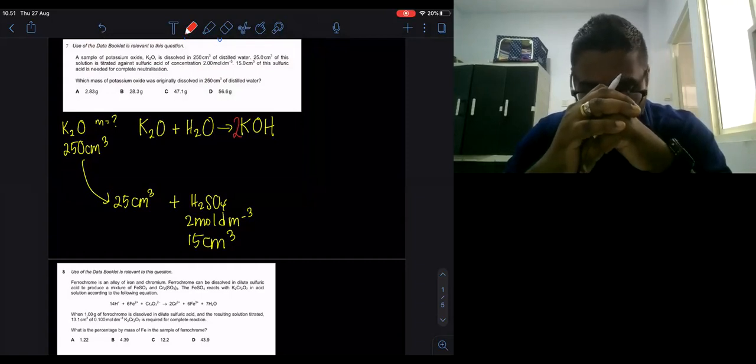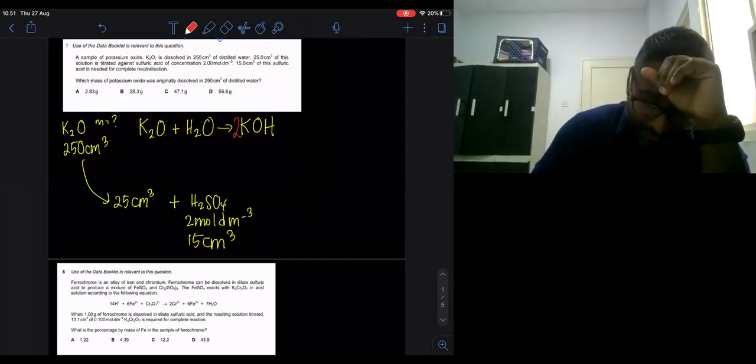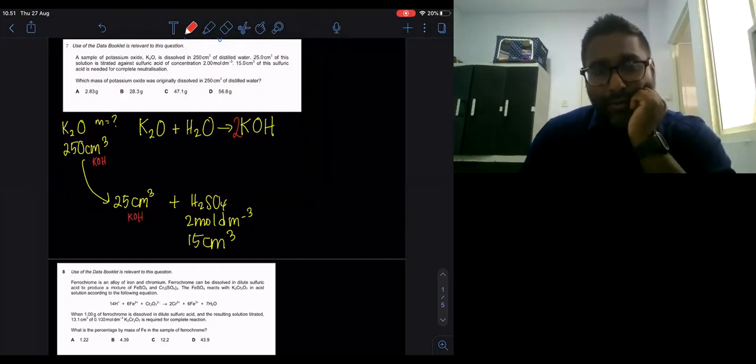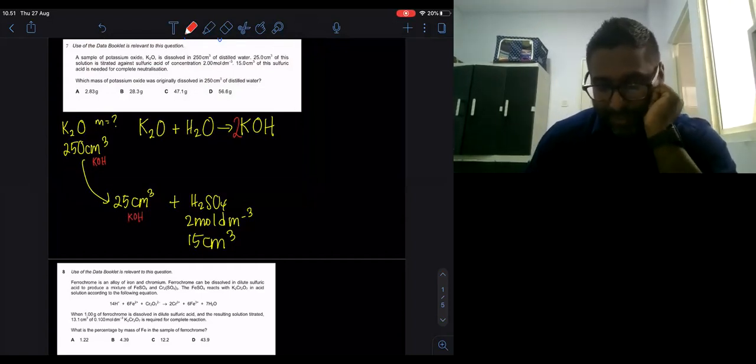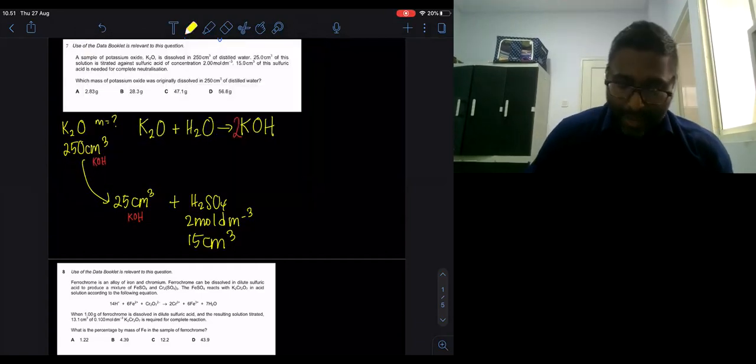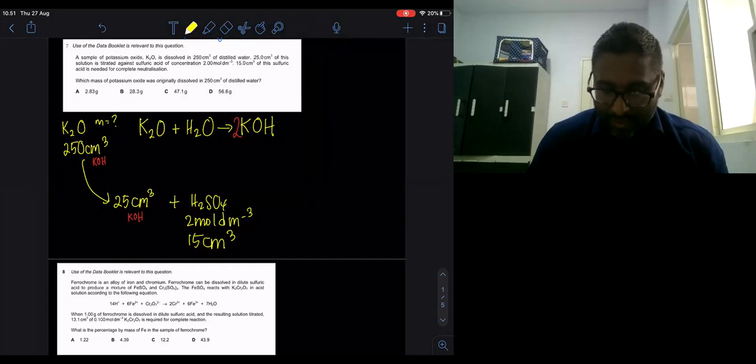So it means that when you take, when you put 250 cm cube, we are talking about potassium hydroxide. When you take the 25 cm cube, they are talking about potassium hydroxide. So now when they do this reaction with sulfuric acid, what is happening is KOH reacts with H2SO4.